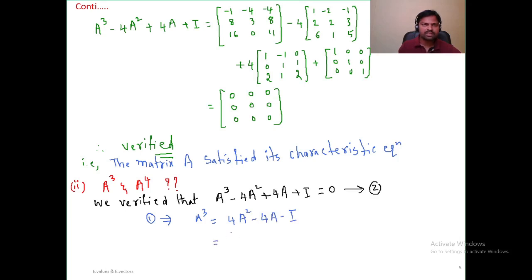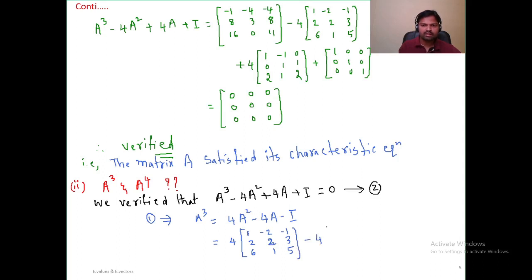Now what is 4 times A square? Substitute back. Now what is the A square value? It is the matrix with rows 1, minus 2, minus 1; 2, 2, 3; 6, 1, 5. Okay, this is A square. So 4A square minus 4 times A I want.